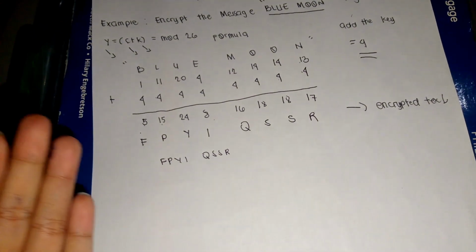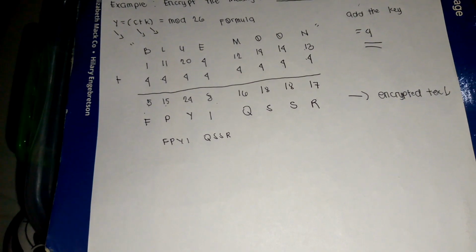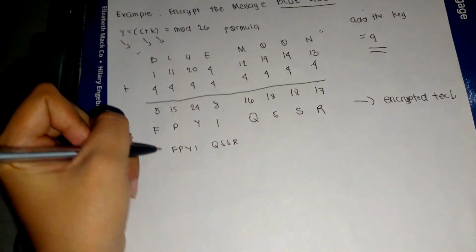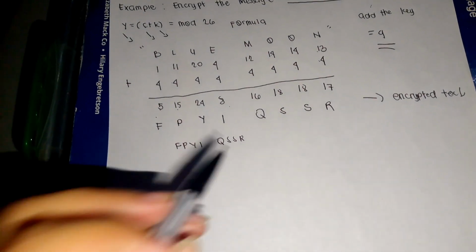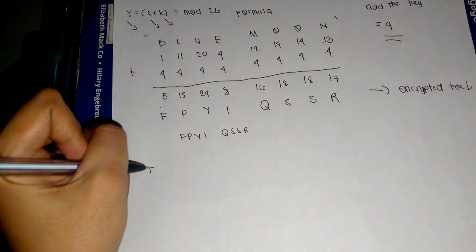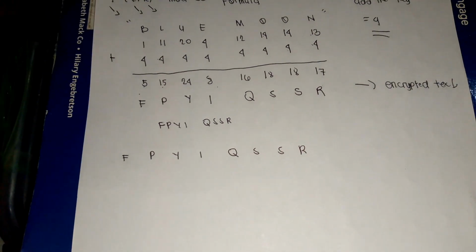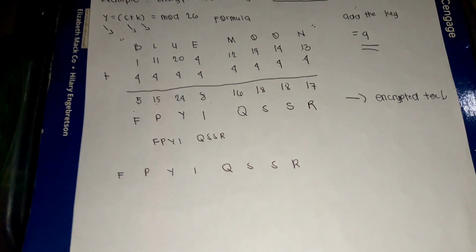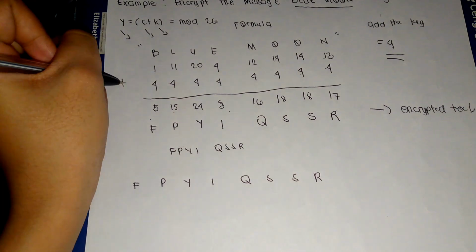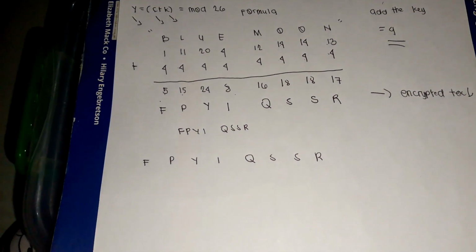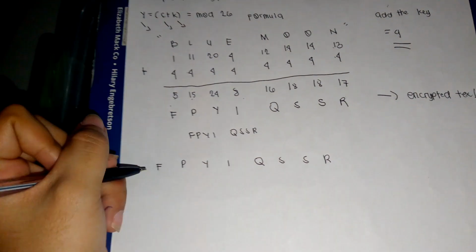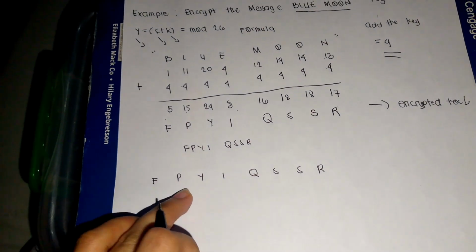Now, how are we going to bring back the original text of our encrypted text? Okay? So, we have to write it down: F, P, Y, I, Q, S, S, R. The twist is that we first have to spot the corresponding number of each letter.